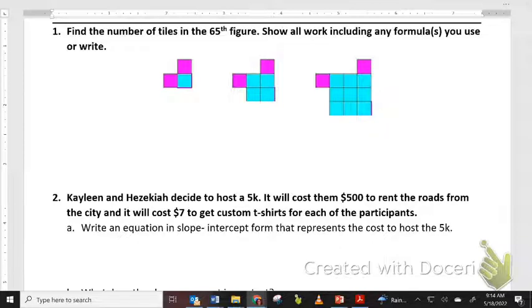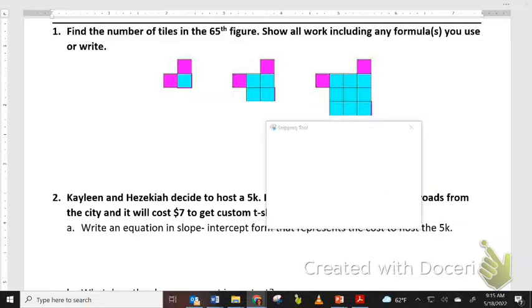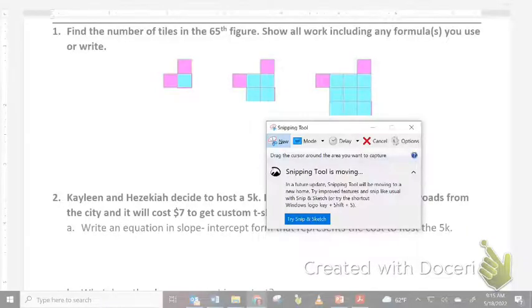Okay. I'm gonna have to snip it and then put it on that screen. But I found a good one for us to look at. It is very similar to the one that we were just looking at. Yes.